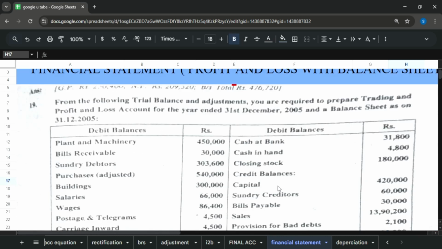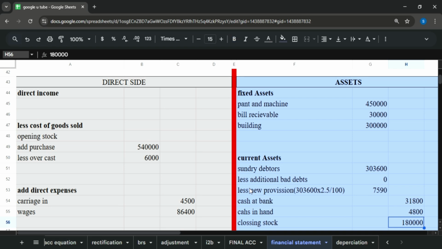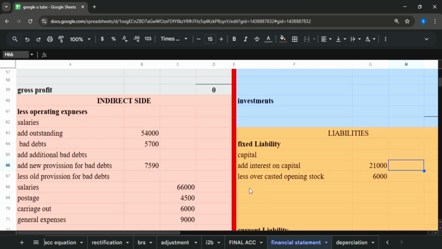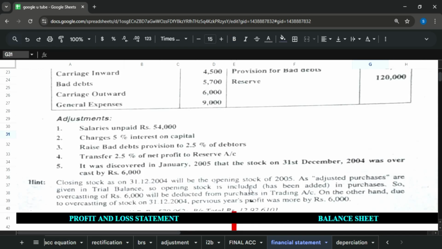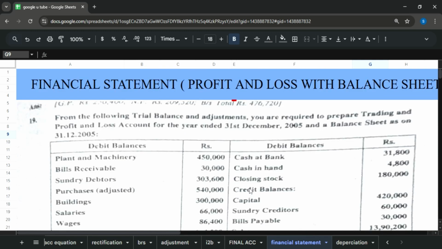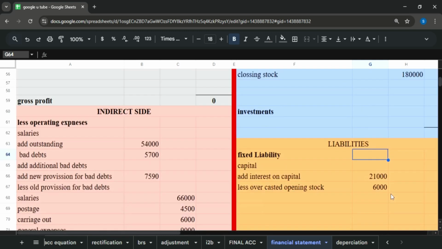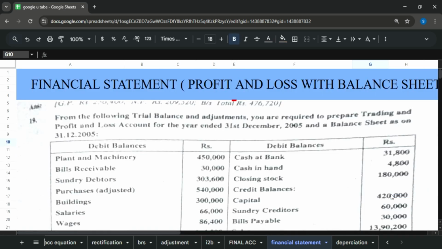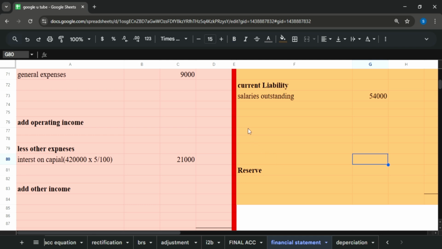Then we have our new side, that means credit side has been started. First element is capital, and here we do have capital. Amount of capital mentioned is 420,000. Write down 420,000. Alright, after capital we have sundry creditors, part of current liability.